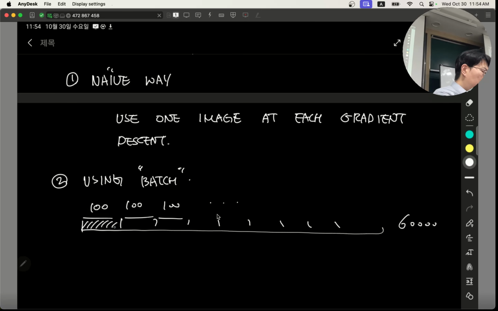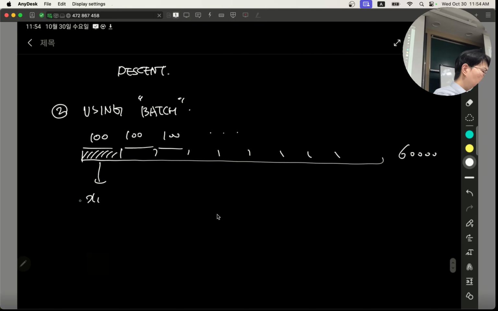Then you take these 100 images and take the average. How do you take the average? Because you have 100 images, it means that you have 100 vectors, x1 to x100. Each vector is a 784-dimensional vector, with a coordinate for each place, and you take the average of all these 100 coordinates for every place. So you get the average.